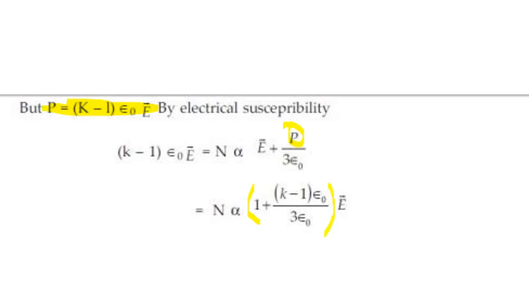Now take the LCM and resolve this. This will be 3 epsilon 0 plus K minus 1 epsilon 0. So you will be left with N alpha, and 1 epsilon 0 will be subtracted from the 3, so it will be 2 epsilon 0.